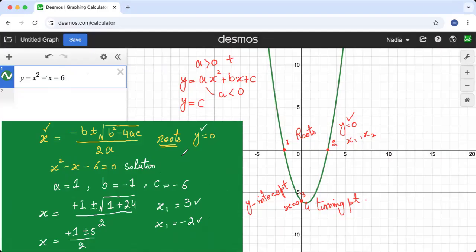So this is a very simple method of finding the roots. Actually, in today's calculators, you will have this quadratic formula, where you can just put in the values of a, b, c, and you get the values of the roots.